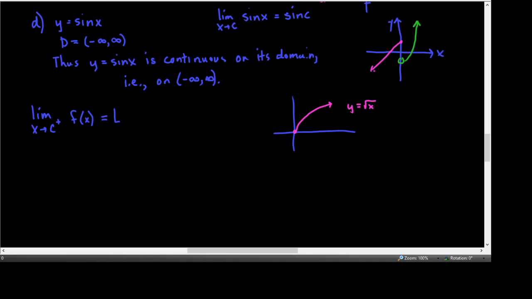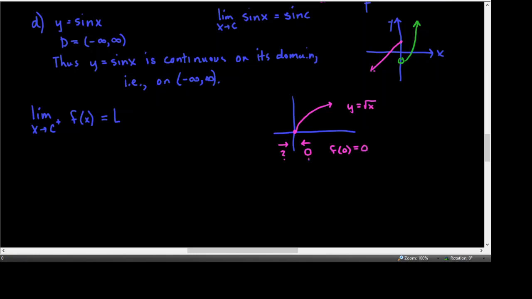But the question will be, is it continuous really for its whole domain or just for the real numbers bigger than 0? Because at 0 itself, you can't say the limit exists from both sides because there's nothing on that left side. So all we could do is talk about the limit from the right side only is 0. And f of 0 is 0.